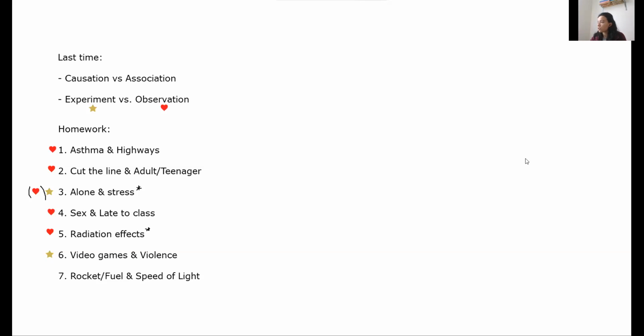Okay, so in this case, you can control for the group that is going to play versus not play video games, and that should be the control group versus treatment group.